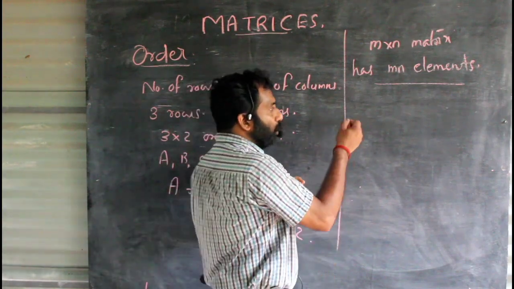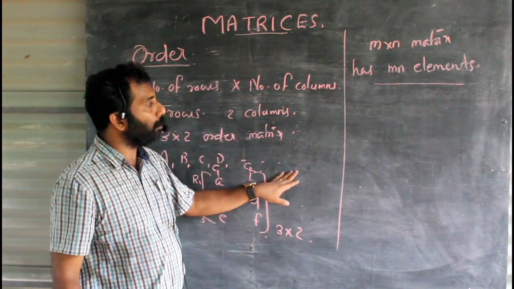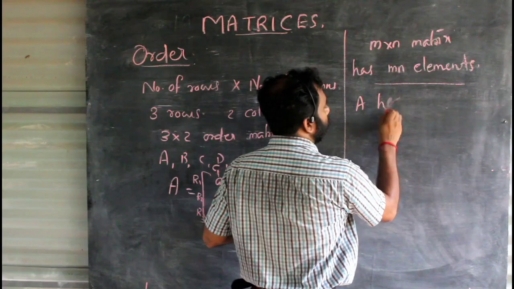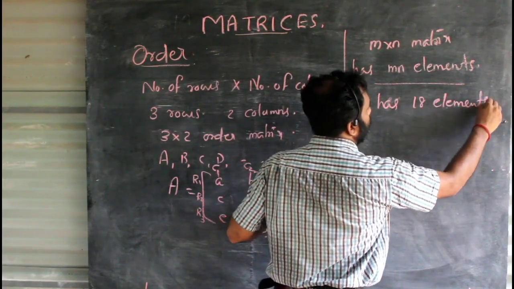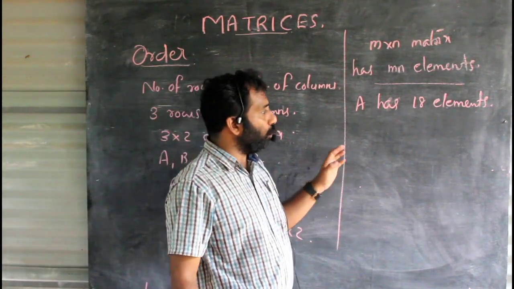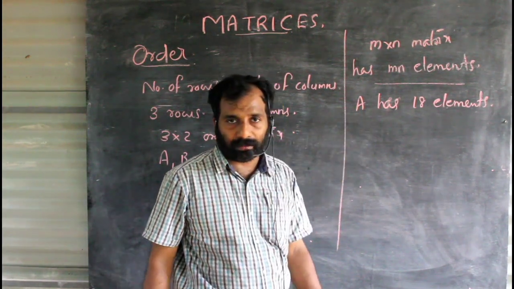So from this point we are going to take one problem. Suppose a matrix capital A has 18 elements. What are the possible orders the matrix A has?